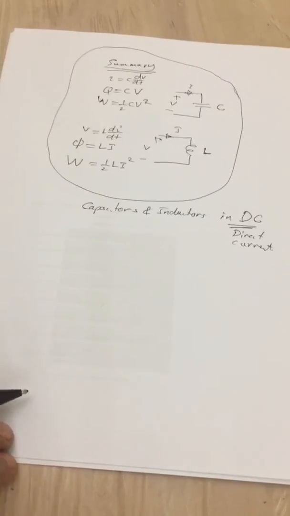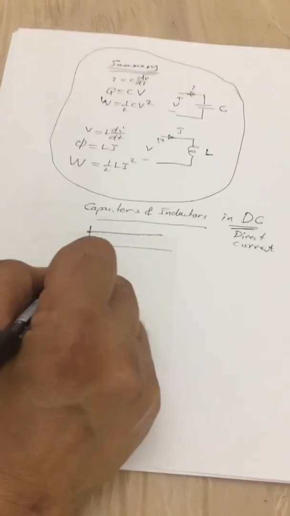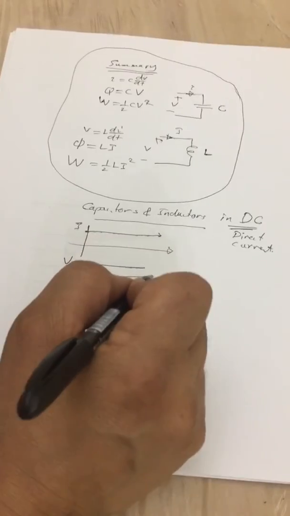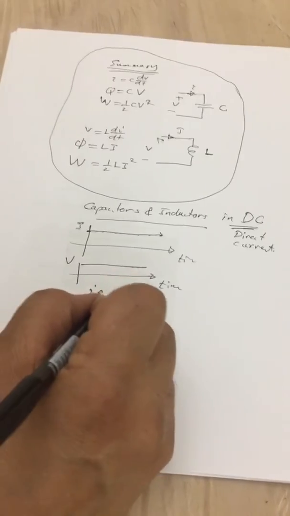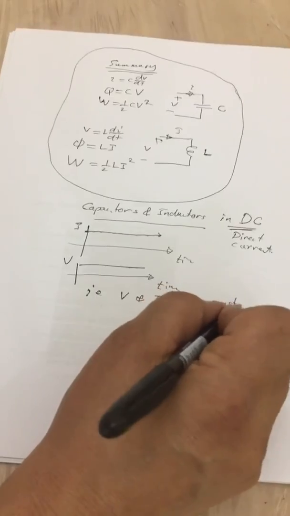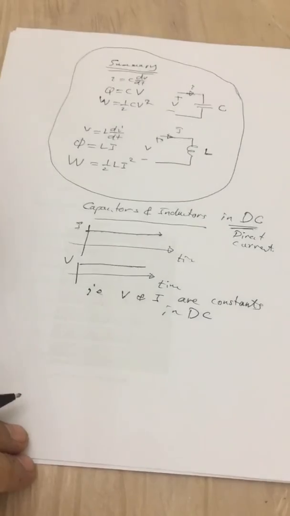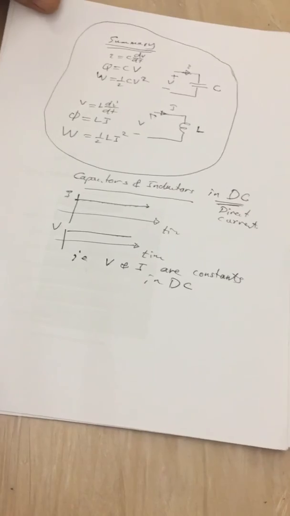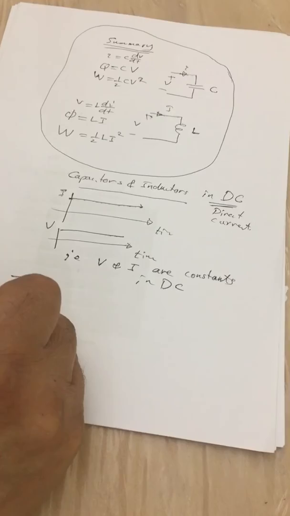When we say direct current, what we mean is that the current and the voltage V and I are constant in time, i.e. V and I are constants in DC. So if we have a DC circuit, the voltage and the current are not functions of time, they are constant.